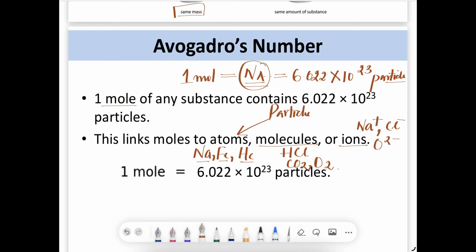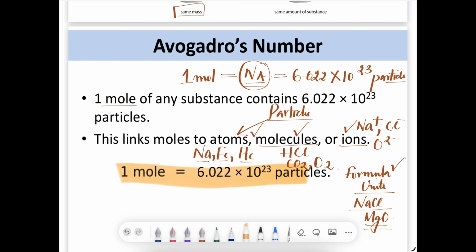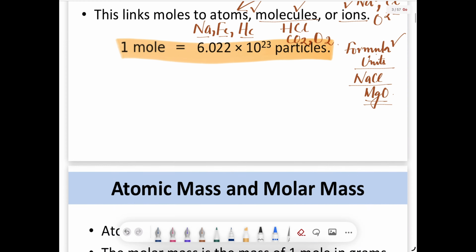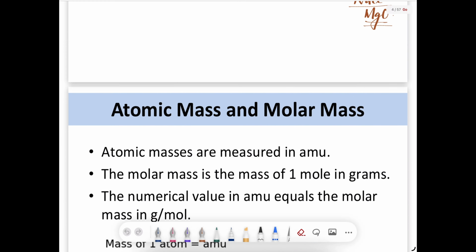And here you can do one more addition, that is formula units. For formula units, you can have ionic compounds like NaCl, MgO. So this is the mole, the particle could be atoms, molecules, ions, or formula units. And we just discussed that one mole of any substance will contain Avogadro's number of particles. So this makes calculations much easier.